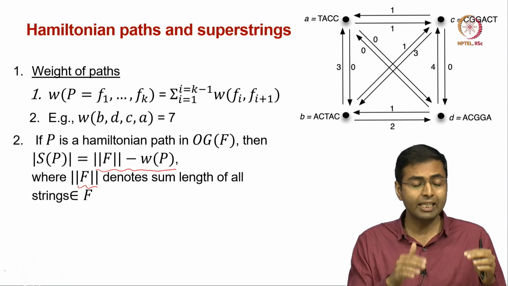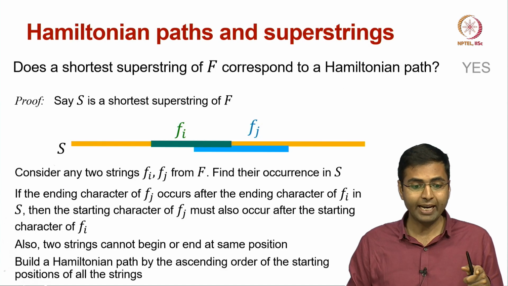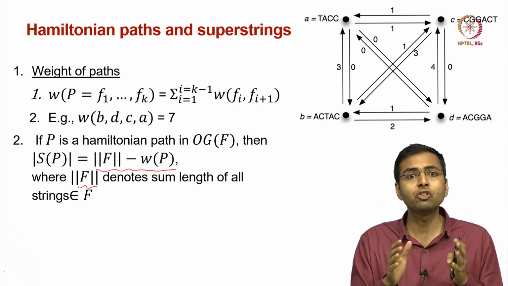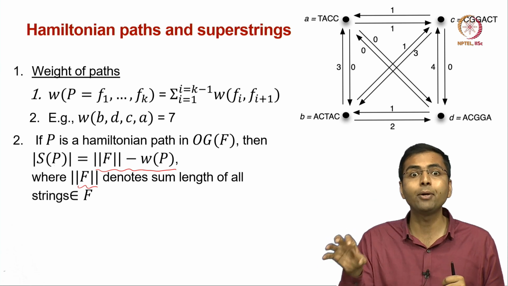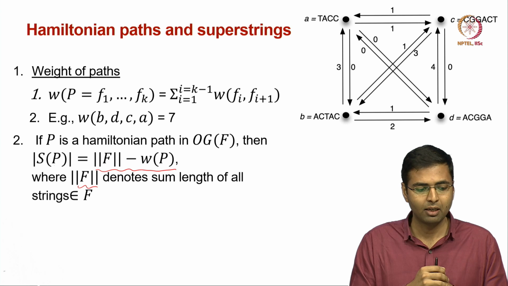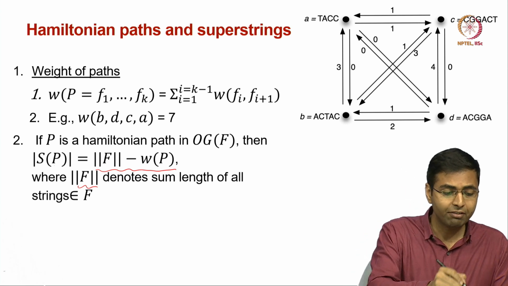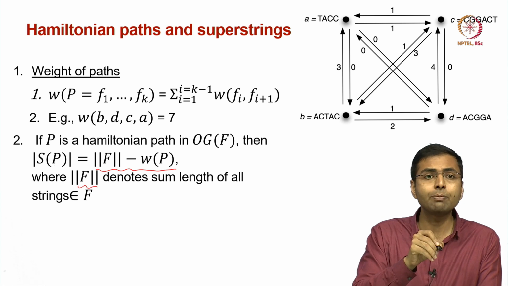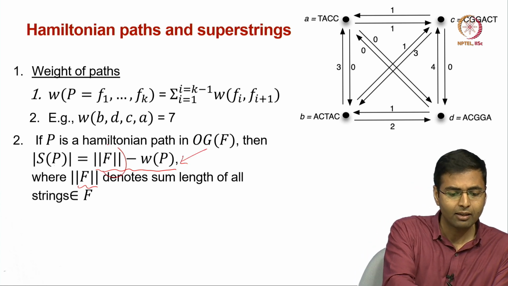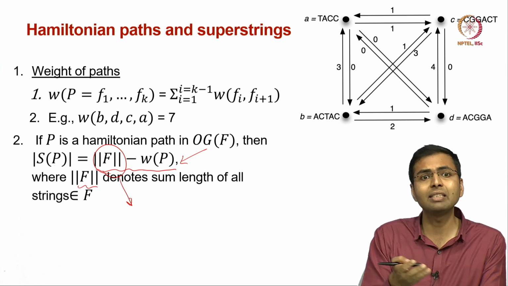Now, given this property, and from the previous property as well, we know that the shortest superstring corresponds to some Hamiltonian path in the overlap graph, right. And given that the length of the string spelled by a path is given by this expression, where this quantity we cannot control because this is the input.